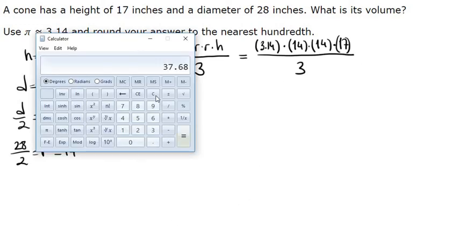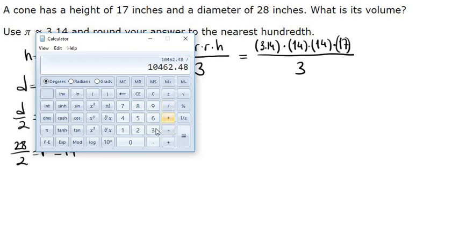Let's take out our calculator. So let's multiply 3.14 by 14 and multiply by 14 again and multiply by 17. So this is our numerator, and we have to divide this by 3 in order to get the answer.